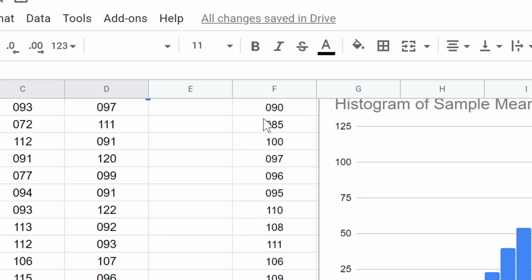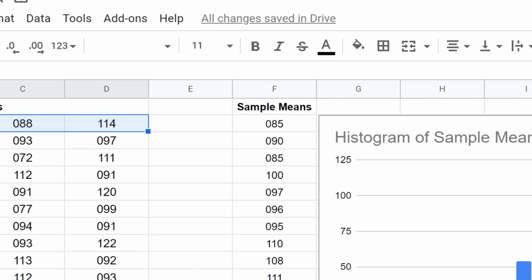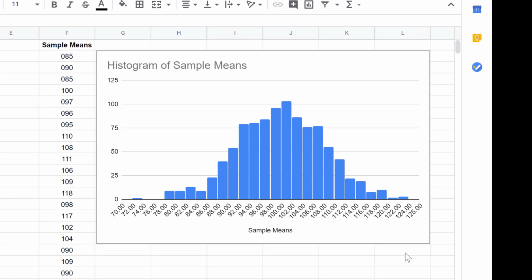So all the way down, I have all these sample means for the 4 individuals randomly generated by the function in Google Sheets. And then what that gives us is this distribution where we have a histogram, and you can see looking at that histogram, and that's just the histogram of the sample means only.